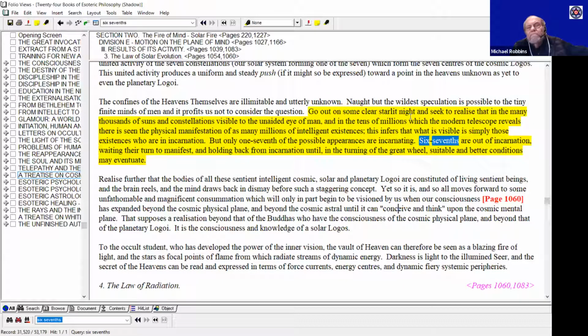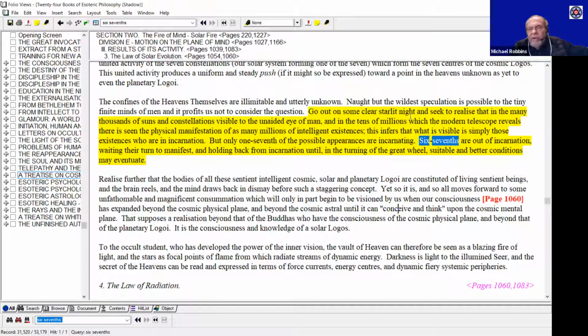So if we multiply that figure, about 8 billion, and we're told that in Atlantean days there were even more who were in incarnation, we're coming pretty close to the 60,000 million that could be applied to the Earth scheme.